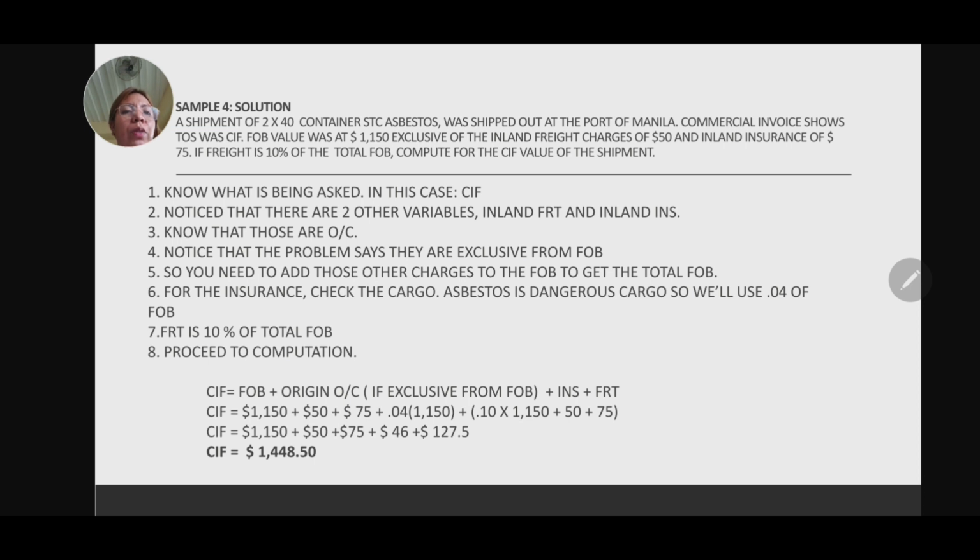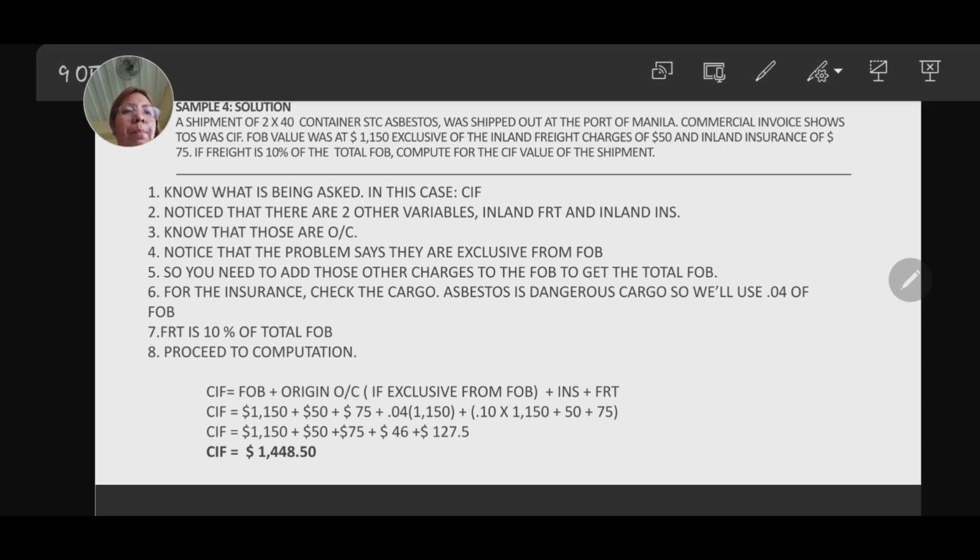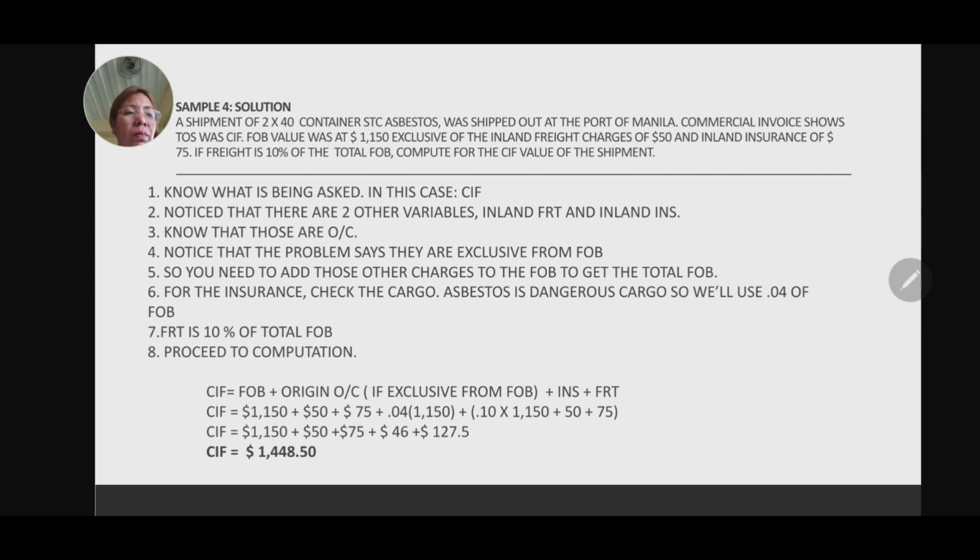When you compute your freight, the given is 10% of your FOB. So 1,275 times 0.10, you'll get 127.5 US dollars.